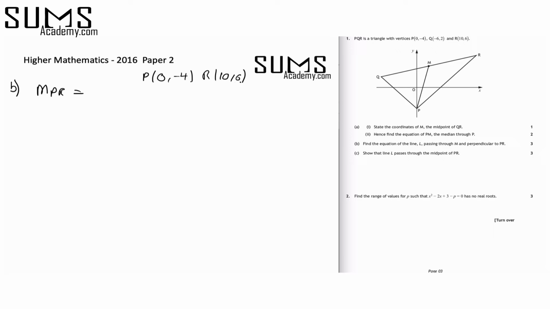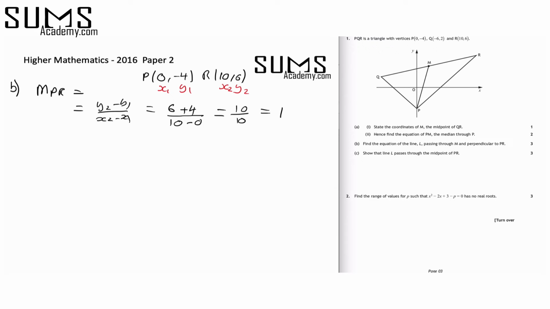So x1, y1, x2, y2. The gradient is y2 minus y1 over x2 minus x1, which is 6 minus -4, so 6 plus 4, all over x2, which is 10 minus 0. So 10 over 10, which is 1.